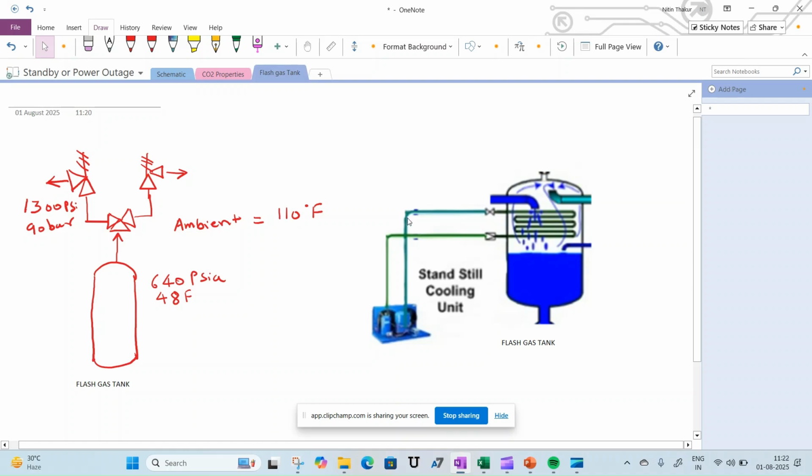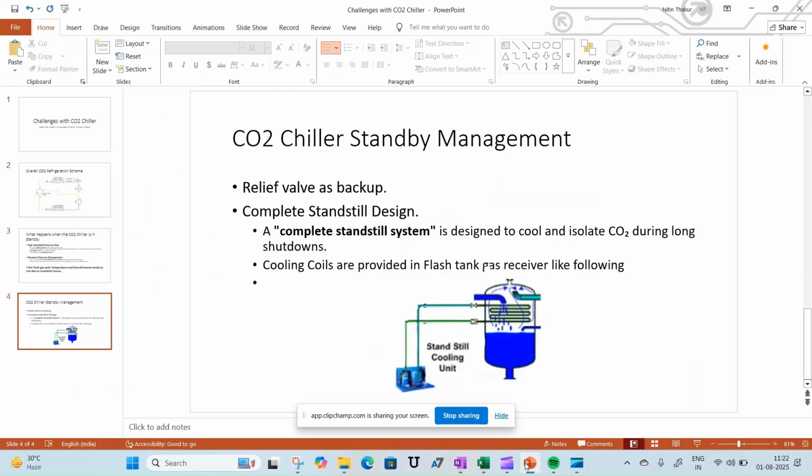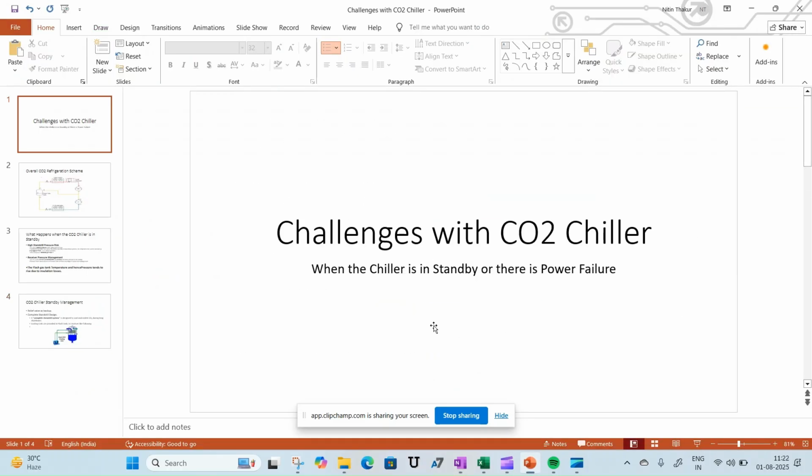Good morning. So, today we will talk about the challenges that we have with the CO2 chiller, more on the design side.